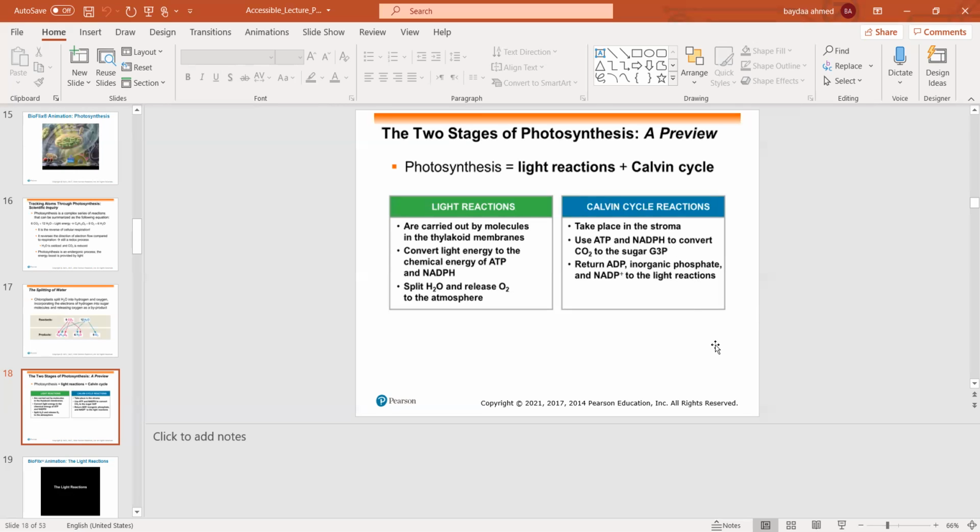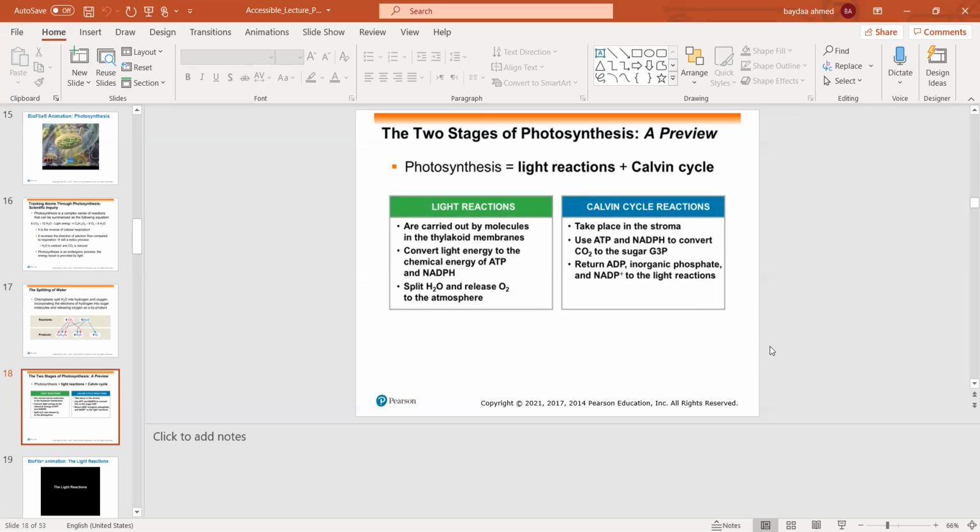The Calvin cycle then reduces the fixed carbon to carbohydrate by the addition of electrons. The reducing power is provided by NADPH, which acquired its cargo of electrons in the light reactions.